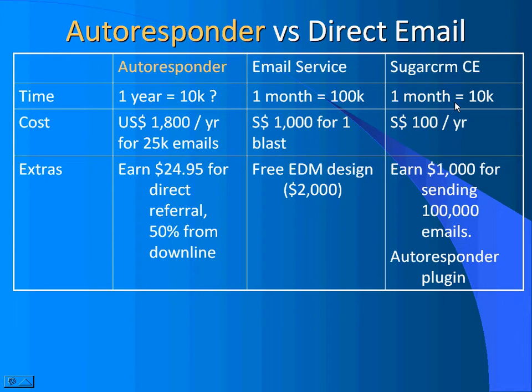Okay, what's the cost? For autoresponder, for you to have an email list of 25,000, you have to pay 1,800 USD a year. For email service, for one blast to 100,000 emails, you have to pay $1,000.